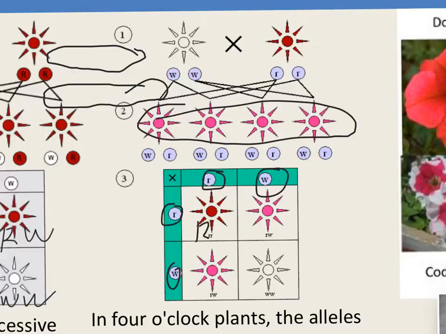So this one is RR. This one is pink, RW, WR, and then WW. By the way, RW and WR are the same, right? So with pink, you have heterozygous, you have one R and one W for white. Okay? That's incomplete dominance.